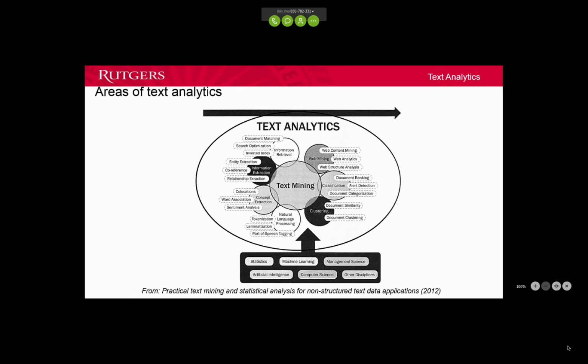So document classification. Also clustering, okay? We did a clustering exercise, but we didn't use documents, but you can classify documents based on similarity, and so on. So there are many areas of text analytics.